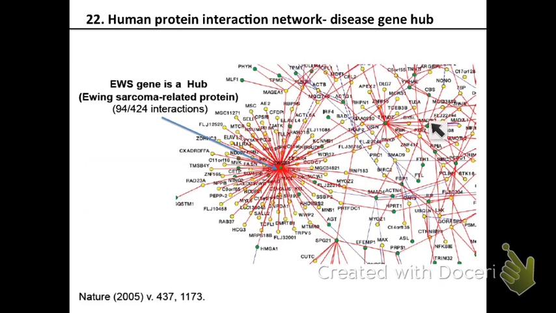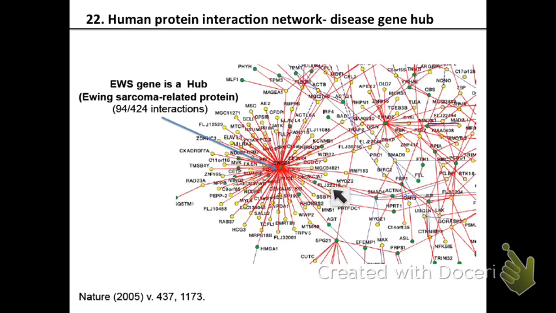And here what I'm showing you is just part of the network, because the network is huge. You're not going to be able to see anything. But what you can appreciate is the researchers found that the type of observations they made for the yeast network was very similar to the observations they made for the human network.